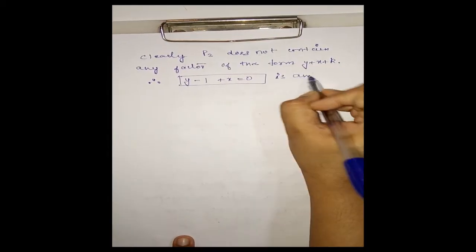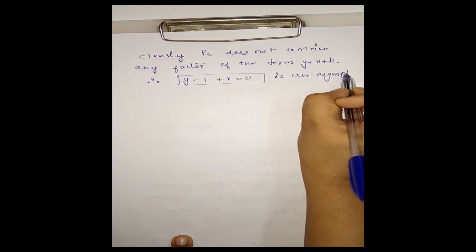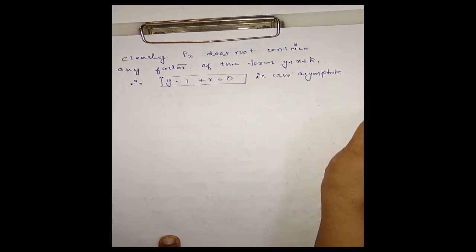Is an asymptote. This is how we have to find the asymptotes.